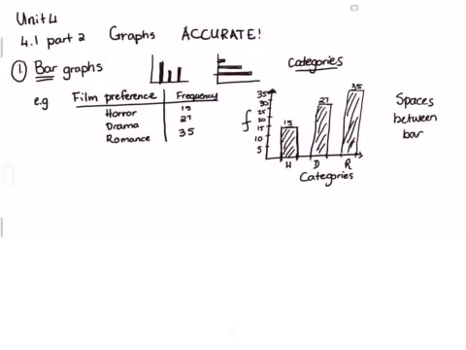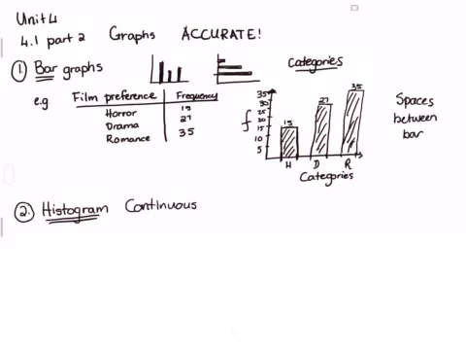The next one I'm going to do is called a histogram, which is almost like a bar graph, but it does not have spaces. So that's why you've got to know the difference between the two. And a histogram we use for continuous data because there are no spaces between them.